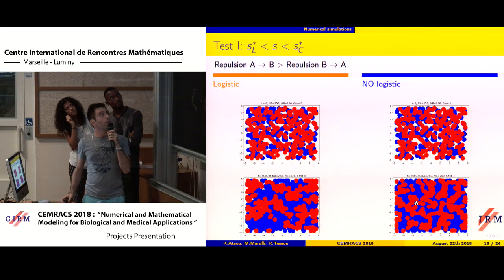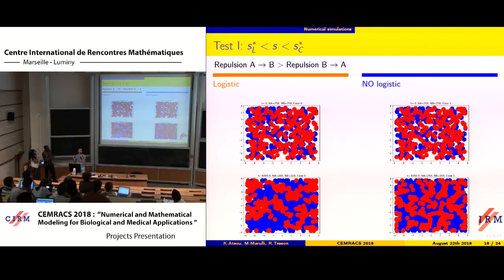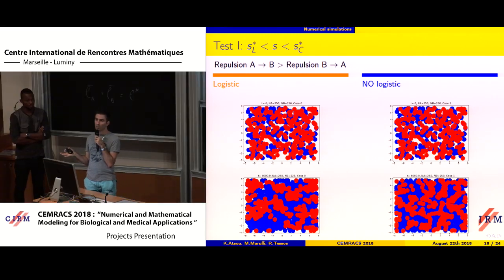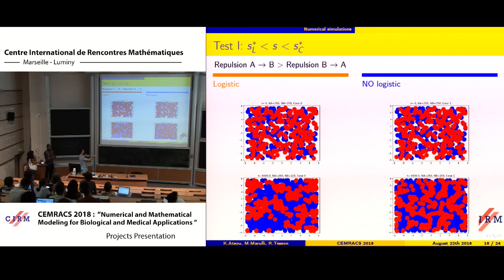So this is the first case, where the population A repulses the population B more strongly, but it divides slower. There is a balance between the two actions, so you hope for no aggregation, because the A are stronger, but there are more B. The analysis says that with these parameters you can see aggregation without logistic, and it's really the case.